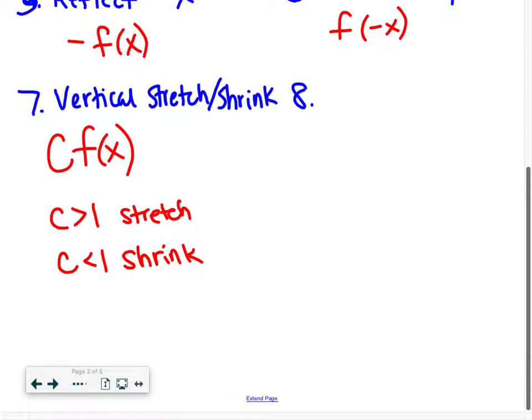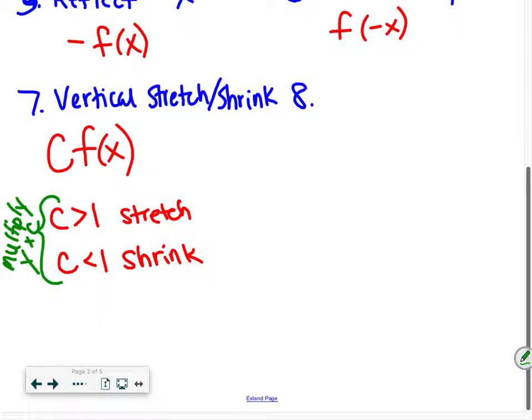Okay, x values or y values? The y value. So if you want to apply this, we need to multiply your y times the c value. In your parent function, you're going to take any of your y values and multiply them by c.